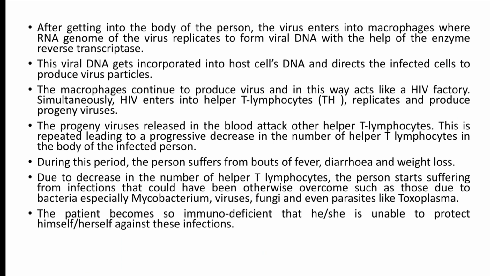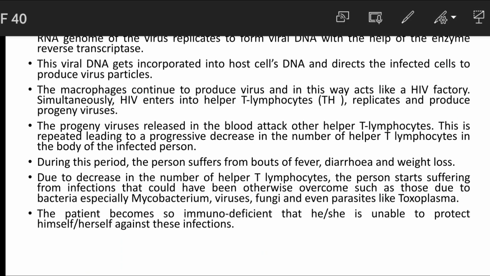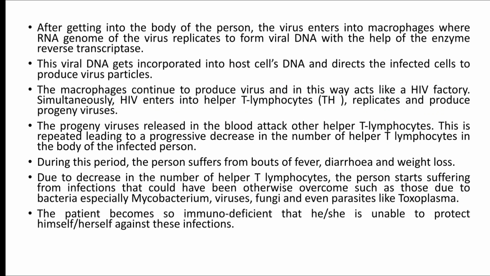Reverse transcriptase is the enzyme by which DNA can be formed from RNA. This viral DNA is then incorporated into host cell DNA and directs the infected cell to produce virus particles. The macrophages continue to produce virus, and in this way act like an HIV factory.